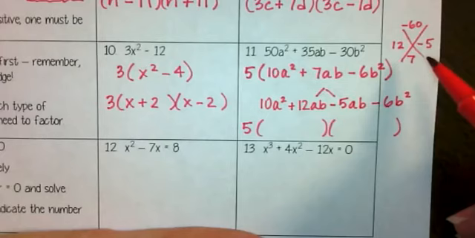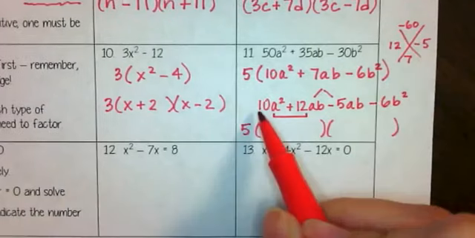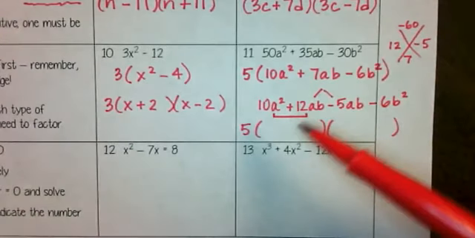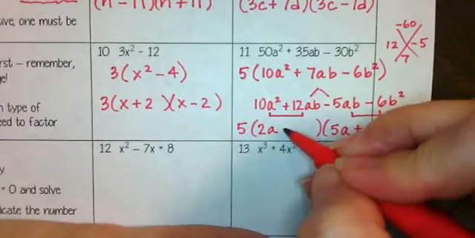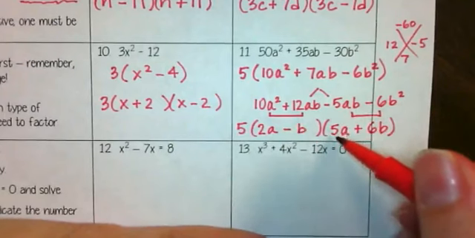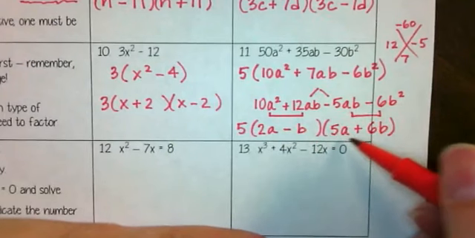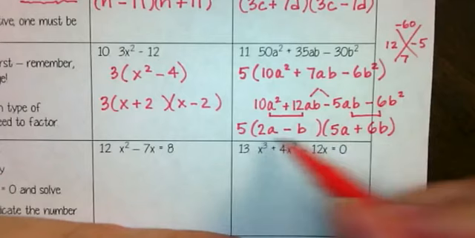Out of these two, we could take a GCF of 2a, and that would leave us with 5a plus 6b. Out of this one right here, we could take a negative b, and that would leave 5a plus 6b. So now we have our final answer, and again, you can always FOIL to double check.